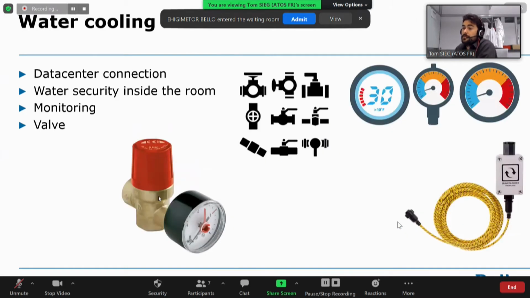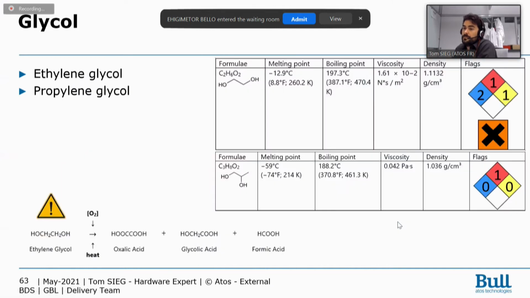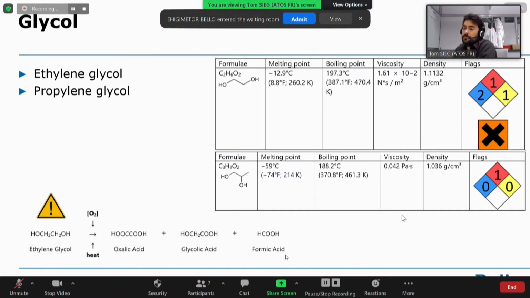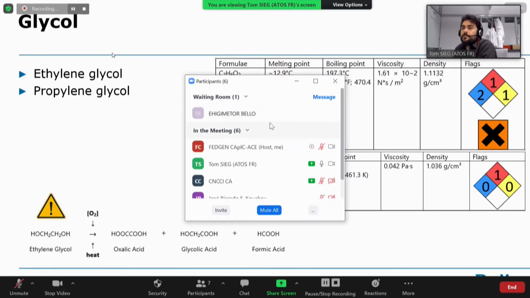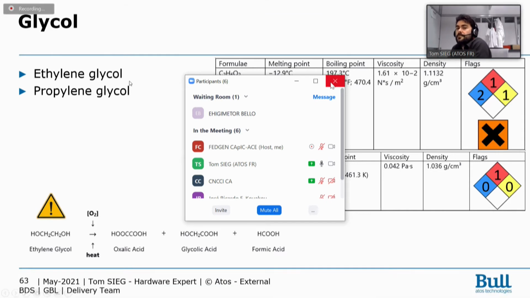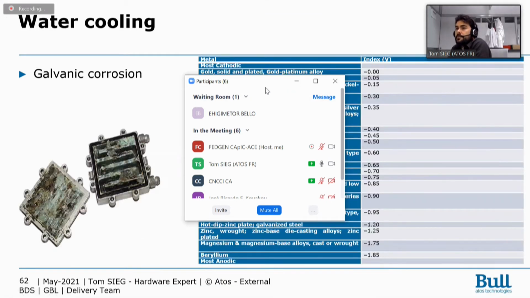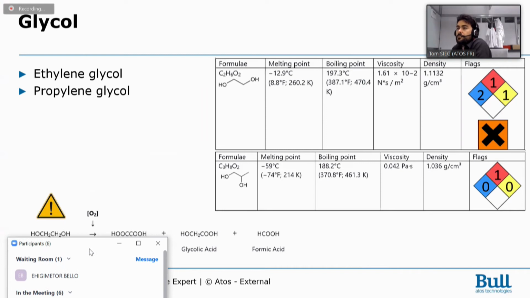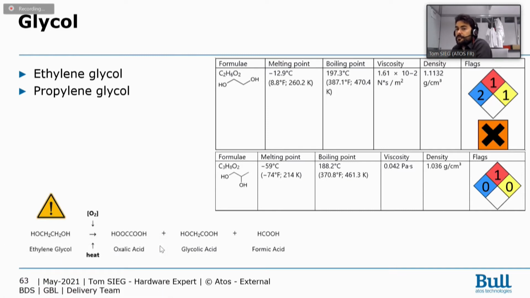First, because it's pollution, it's expensive, and also because if you mix oxygen and heat with ethylene glycol, you will generate acid, three kinds of acid, really dangerous. So that is your best solution to prevent the galvanic corrosion or to reduce it to the maximum. But you have to take care because it's a dangerous product.